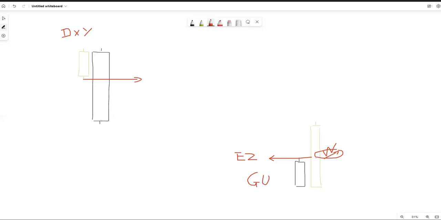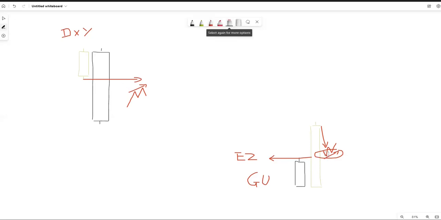And obviously it can happen on GU, so it can come down over here, close that void, and then maybe the DXY misses over here, and then you get an SMT like that, and it doesn't close that void. So while this one on GU closes the void, this one on the DXY doesn't.